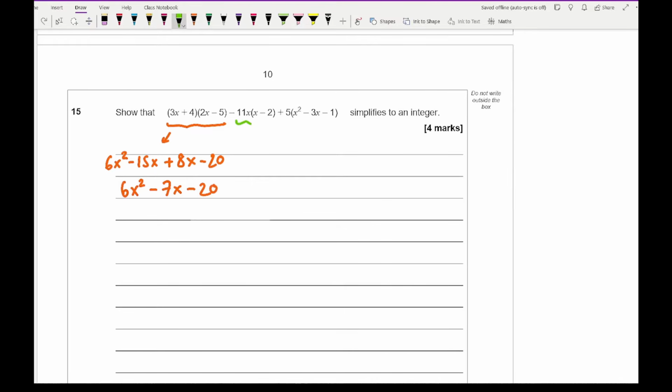Then with this bracket here, we get minus 11x squared plus 22x. So let me just write that down just there. And then with this, we get plus 5x squared minus 15x minus 5.